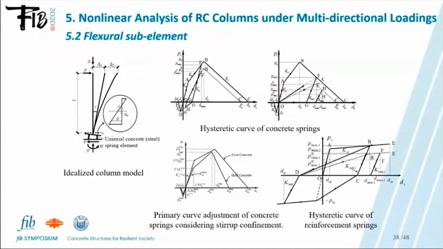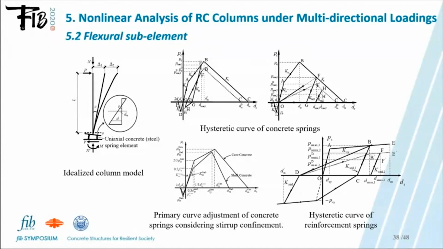For the flexure sub-element, a modified multisprings model is adopted here. The multisprings model consists of an elastic element representing elastic behavior and two inelastic elements of zero length at both ends, representing an inelastic response in the plastic region.